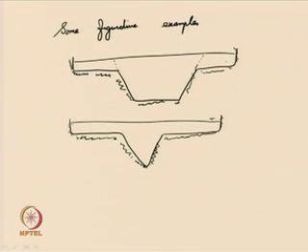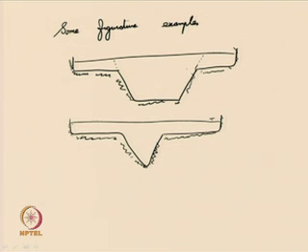So, you need to compute velocity in each of the channels. As you see, the depth of flow is different in different parts of this compound section. Definitely the velocity in these portions also will be different. So, you need to compute velocity independently using Manning's equation.